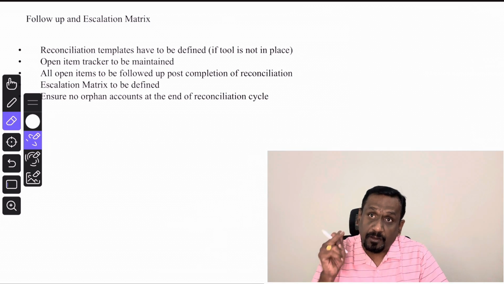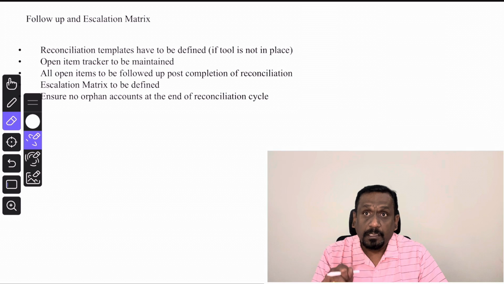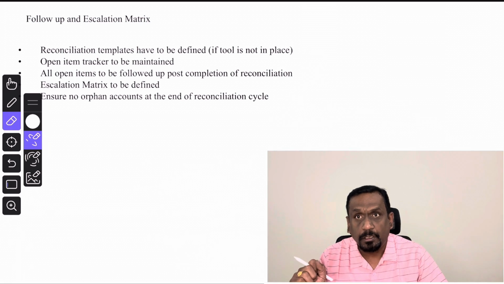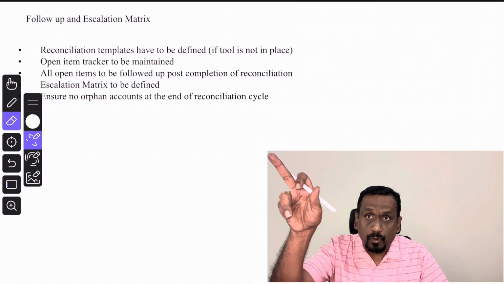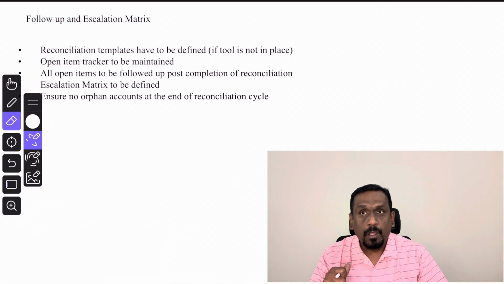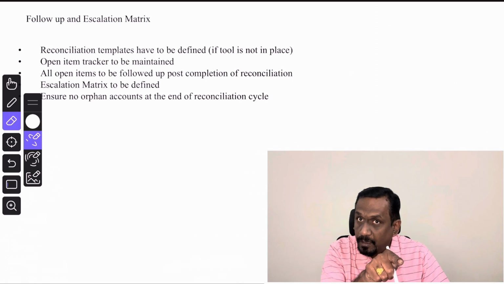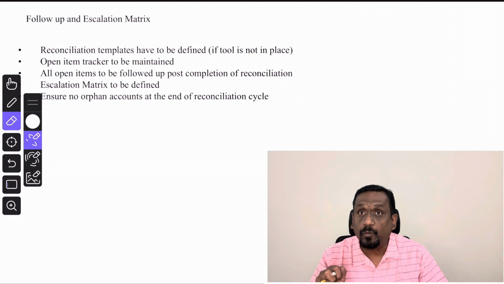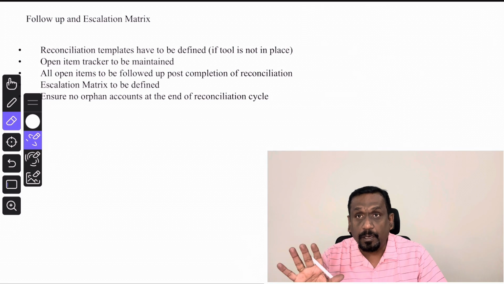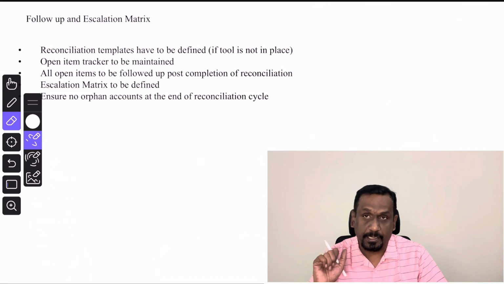If Krishna has to get the corresponding entry from some other source, it is the responsibility of Krishna to go and get it from other people. So, as a reconciler, your responsibility is to contact the one who posted the journal entry. For that, you need the username. So the username also needs to be updated. These 4-5 columns are very important in your open item tracker.